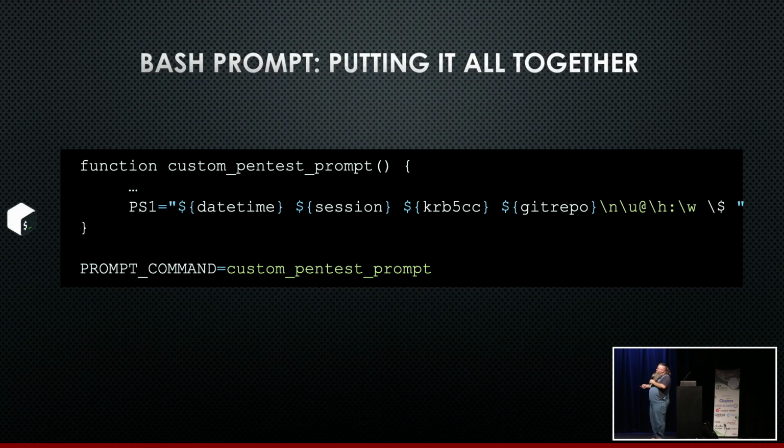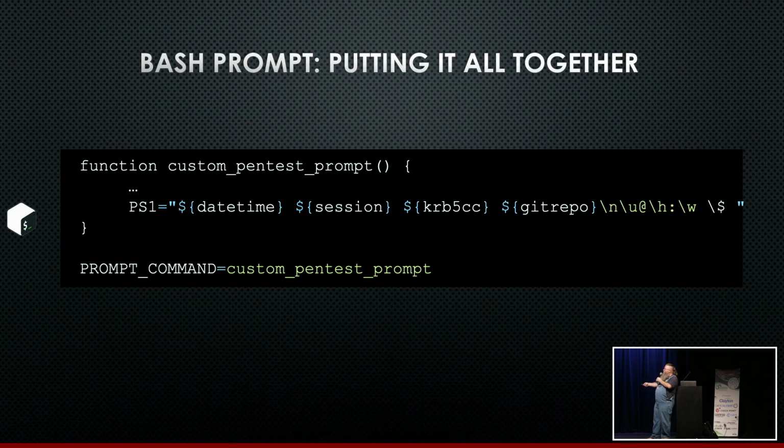The way you do that is you create a function called something like custom pentest prompt. You do all those things that I just said, or any other commands you want to run. Then you set your PS1 variable. That's prompt 1. There's prompt 1, 2, 3, and 4, and each one is a different type of prompt. PS1 is the one you're always going to want for this purpose. Then in here, I just say whatever the date time is, session, throw all that in there.